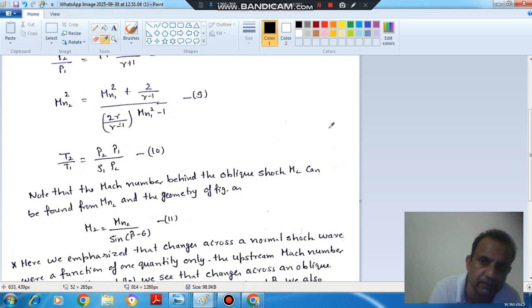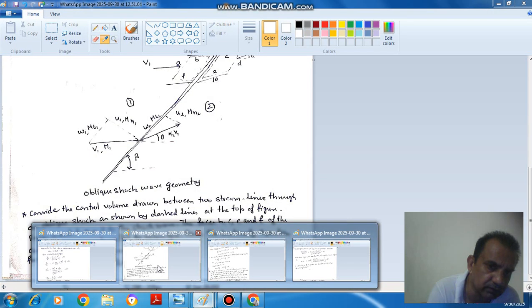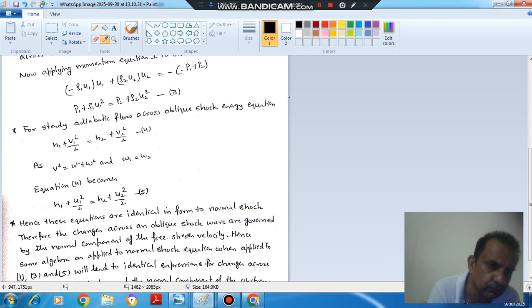Other properties are found in the same way as in case of normal shock, but with one difference: here we have to take Mn, the normal component. The formulas are the same, we just have to use the normal component instead of M1. So these are equations number 6, 7, 8, 9 and 10. Hence these equations are identical in form to normal shock, therefore changes across an oblique shock wave are governed by the normal component of free stream velocity.